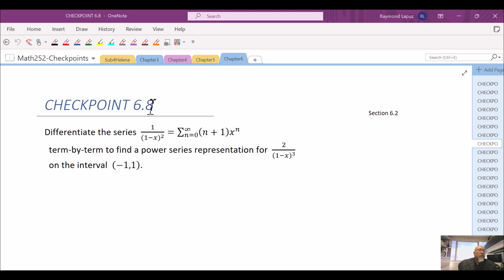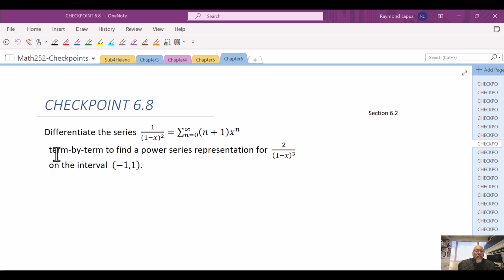My name is Lapuz. In this video, we'll look at checkpoint 6.8 coming from section 6.2. It says to differentiate the series, this is for the function 1 over (1 minus x) squared in the denominator, which is equal to the series n goes from 0 to infinity of (n plus 1) times x to the nth power.